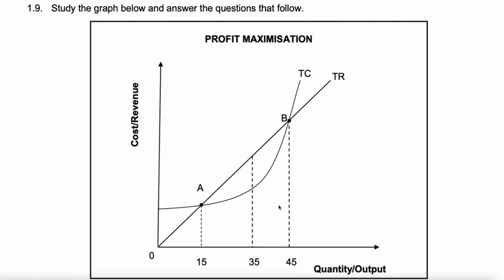Why is it not remaining stable? Well, the reason is because now we are producing, and there are costs that we incur because of output, and those costs are called variable costs. So as we begin to produce, we begin to incur some variable costs.